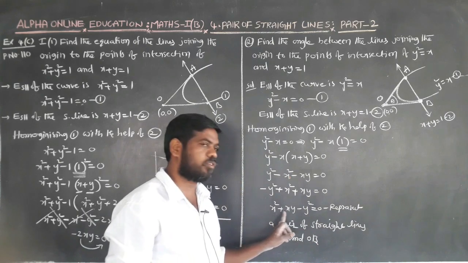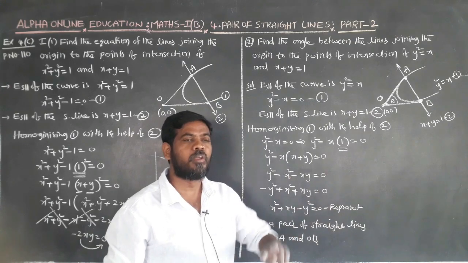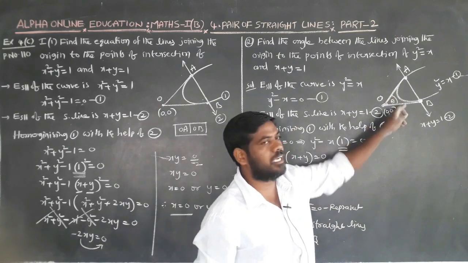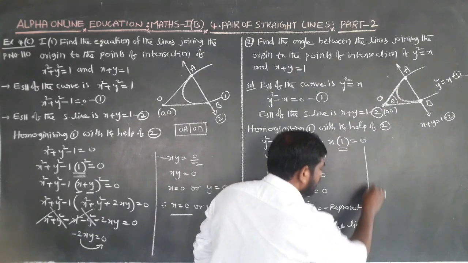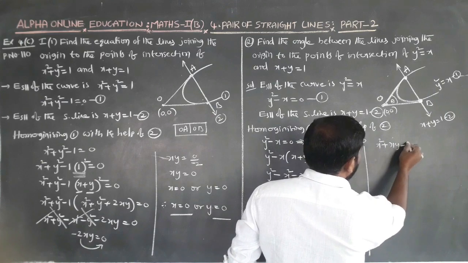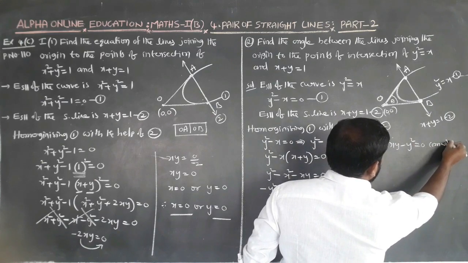The equation x square plus xy minus y square is equal to 0 represents the combined equation of the lines OA and OB.